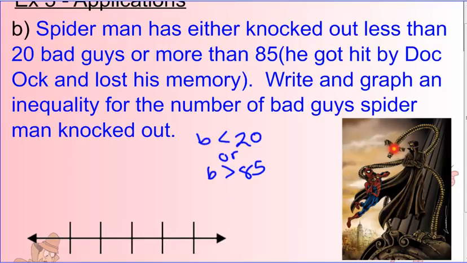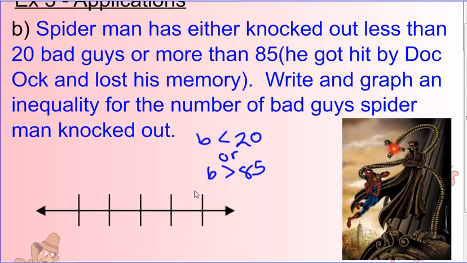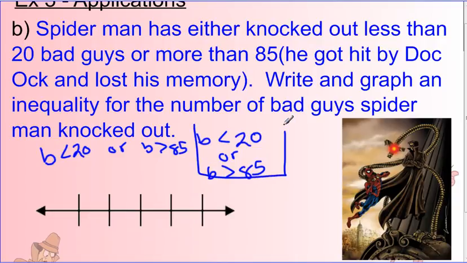So that would be what you should write down for your inequality. And you cannot combine that together into one thing unless you do like B is less than 20 or B is greater than 85. I mean, either way works. The long way or the up and down way, I don't care.